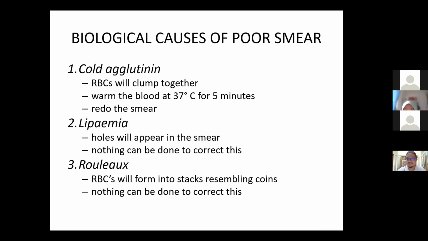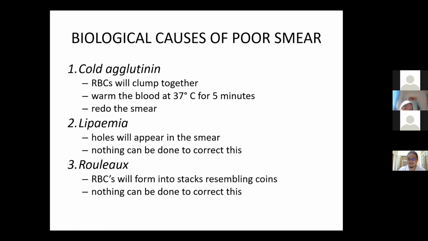Now, so of course this needs some information lah, pre-analytical information, yeah, with regard to the person's health status. Poor smear can also caused by lipemia, so it will produce holes in the smear, and nothing can be done to correct this.